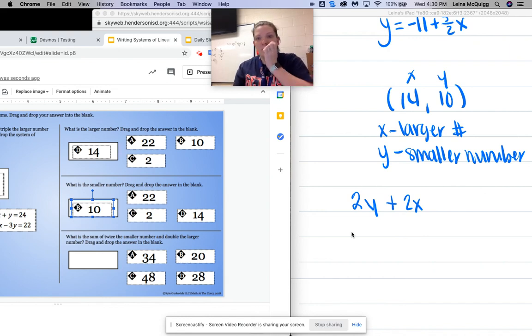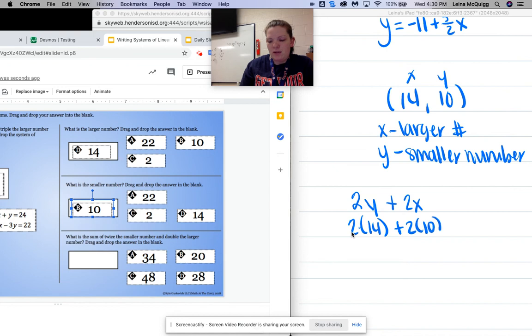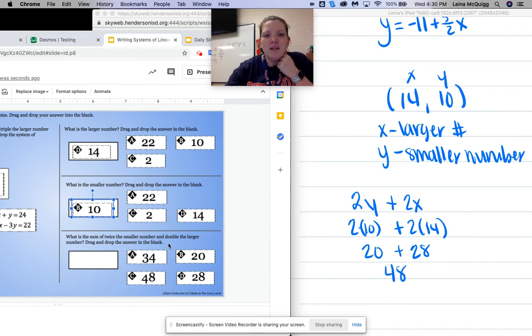If we do 2 times y plus 2 times x, then what do we get? 2 times my y is 10 plus 2 times my x is 14. So 2 times 10 is 20. 2 times 14 is 28. 20 plus 28 is 48. So 48, C. Okay.